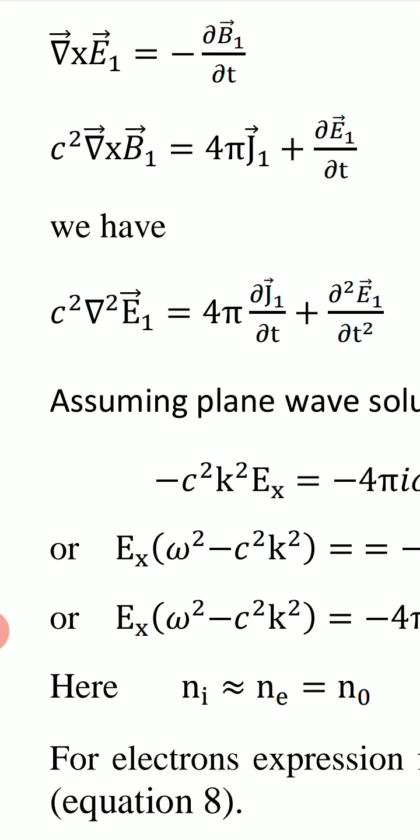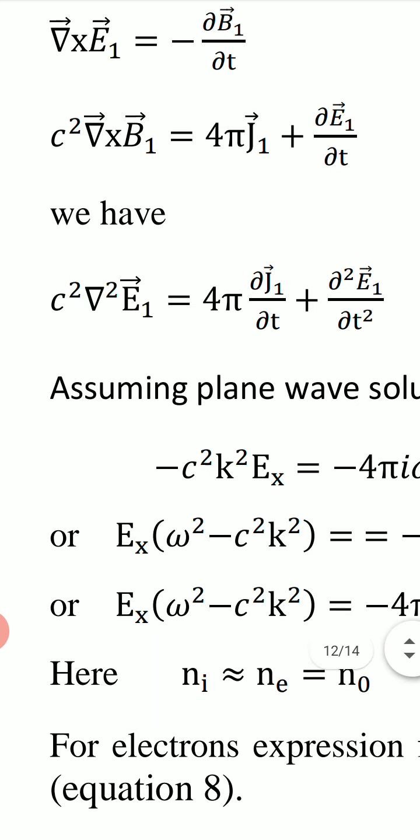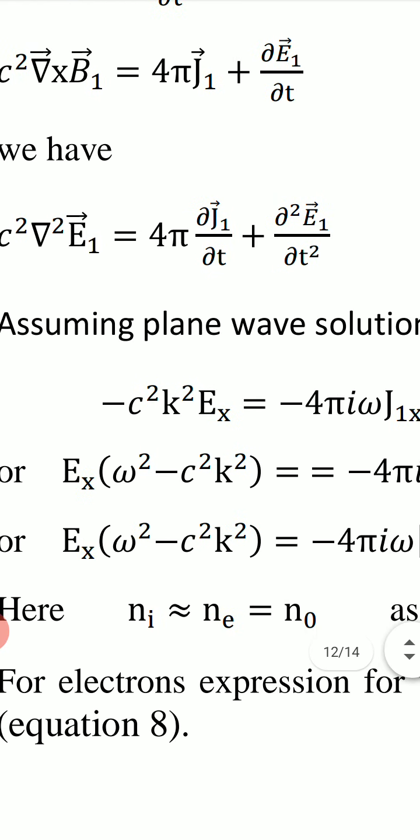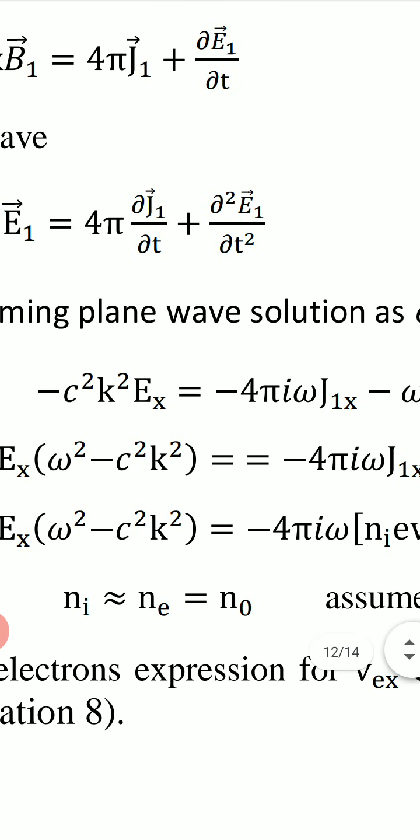So we differentiate with respect to t this second Maxwell equation, that is the fourth Maxwell's equation actually, and then on the left hand side, in place of delta B1 upon delta t, we write minus del cross E1 from the previous equation, which is Maxwell's third equation. Then we get this relation, c square del square E1 equal to 4 pi delta J1 upon delta t plus d2 E1 upon dt square equal to 0.